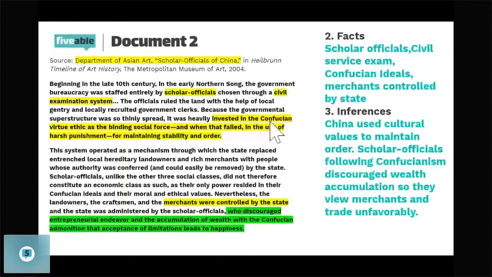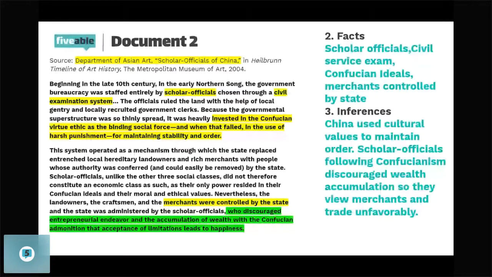The system operated as a mechanism through which the state replaced entrenched local hereditary owners and rich merchants with people whose authority was conferred and could easily be removed by the state. Scholar officials, unlike the other three social classes, did not therefore constitute an economic class as such, as their only power resided in their Confucian ideals and their moral and ethical values.